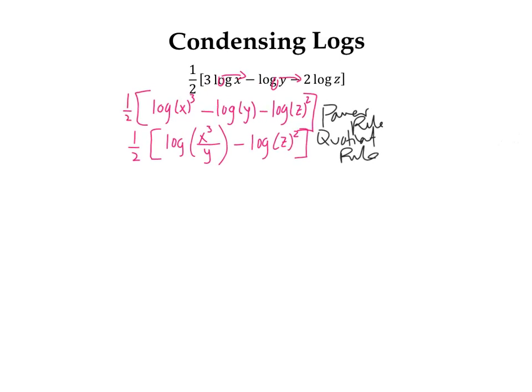Let's say I want to divide these two, so I have the 1/2. Technically, I have the log of the first term, x cubed over y, divided by z squared.